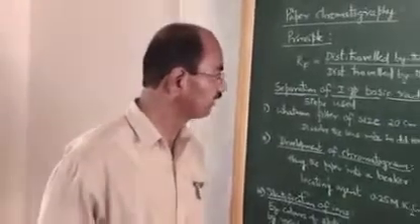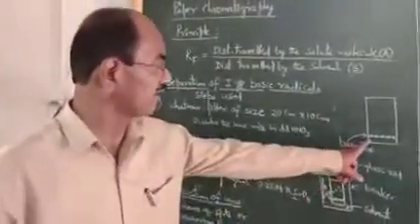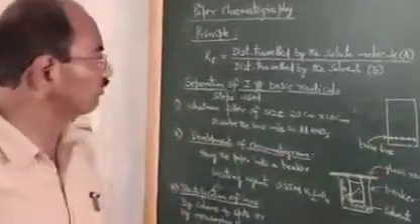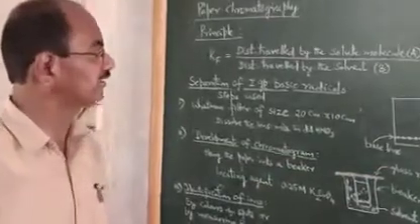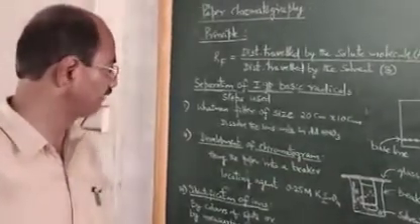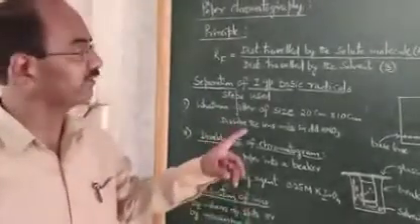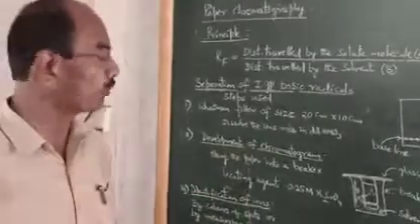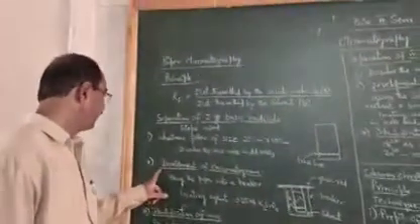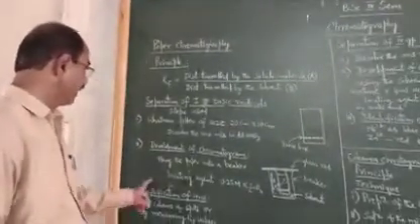This solution is placed on these cross marks in the form of drops, without the solution spreading into one another on the cross marks. And then excess solvent is evaporated.